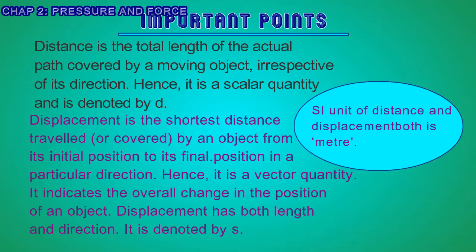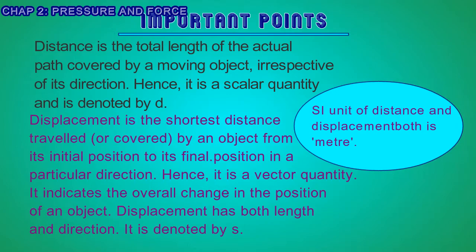So, distance is the total length of the actual path covered by a moving object, irrespective of its direction. Hence, it is a scalar quantity and is denoted by small d. Displacement is the shortest distance traveled or covered by an object from its initial position to its final position in a particular direction.